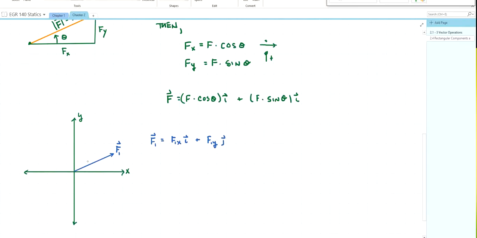Just a reminder, this is F1, the length of F1x, and this would be the length of F1y. So these are the magnitudes of the components.